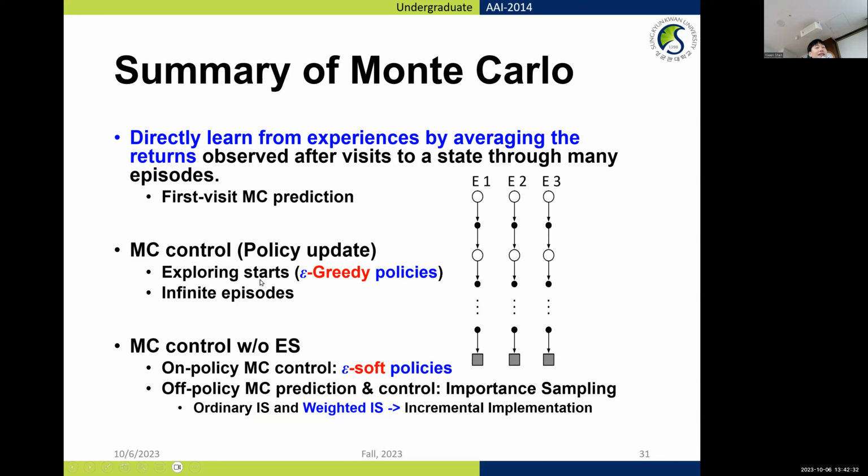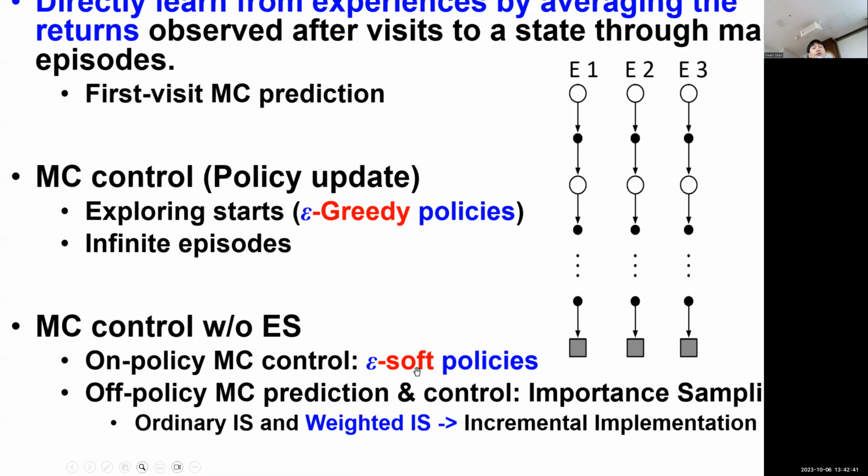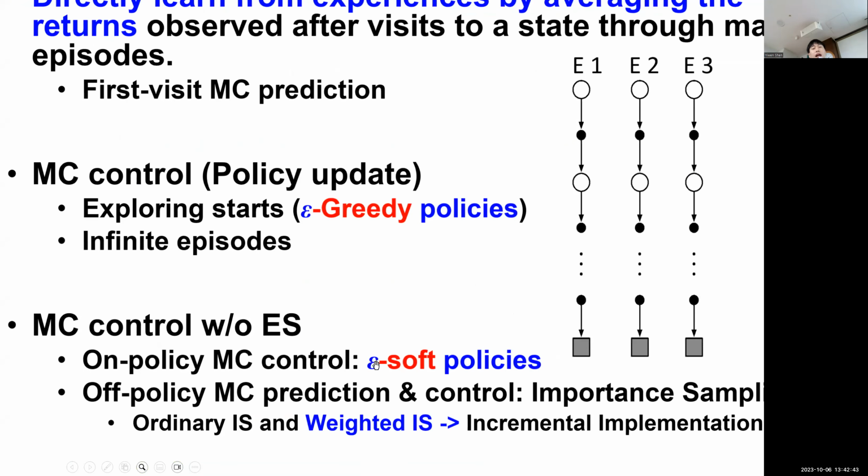But this ES assumption is too strong. If we don't have this assumption, what we can do is use epsilon-soft policies, where we divide greedy and non-greedy actions and assign different probabilities to them. We call it epsilon-soft policies.